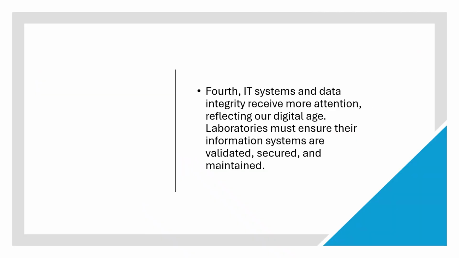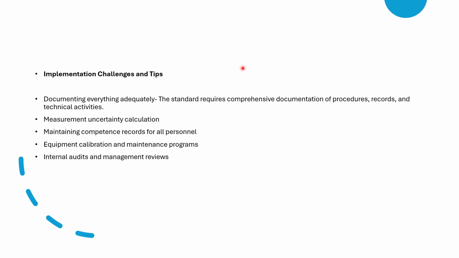Fourth, IT systems and data integrity receive more attention, reflecting our digital age. Laboratories must ensure their information systems are validated, secured and maintained. Don't worry, I'll be dedicating an entire video to comparing the 2005 and 2017 versions for those of you transitioning from the older standard.